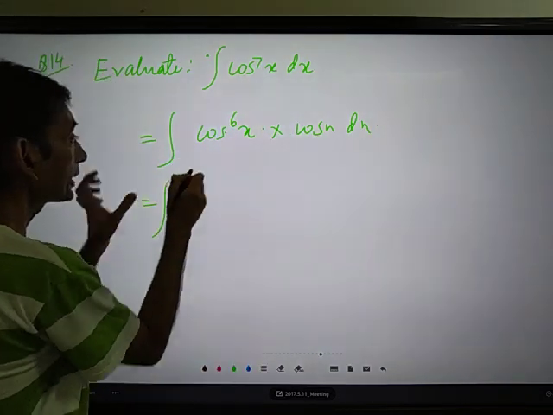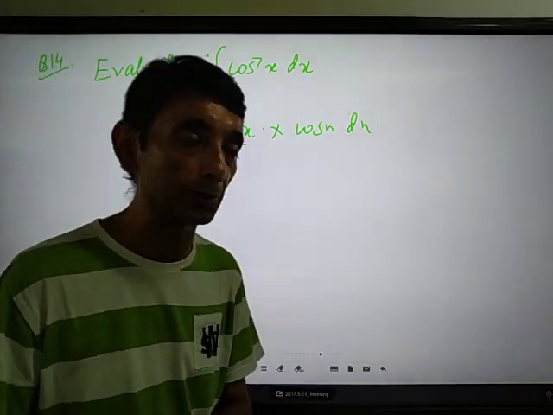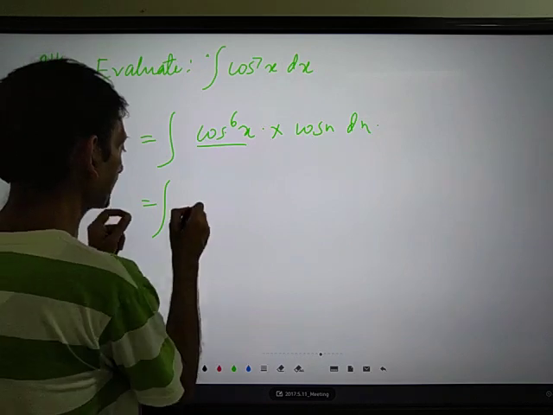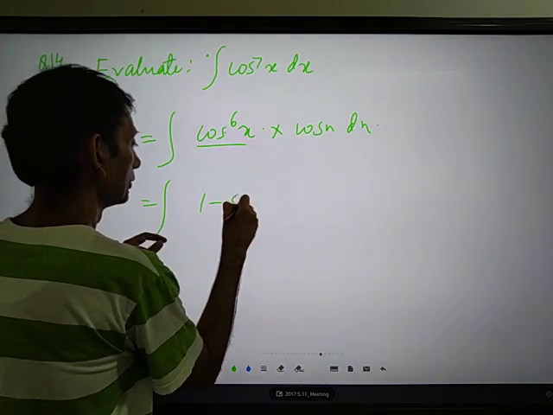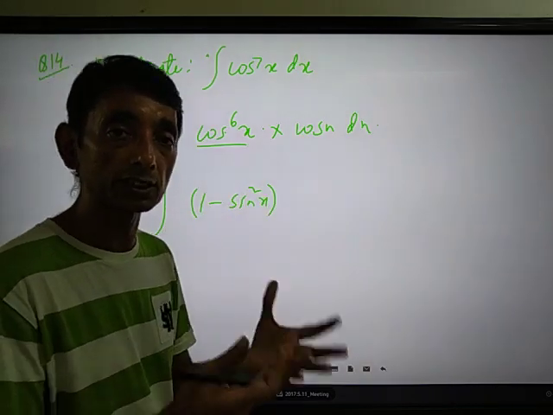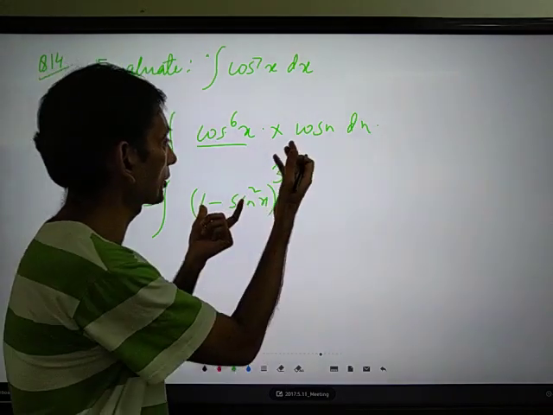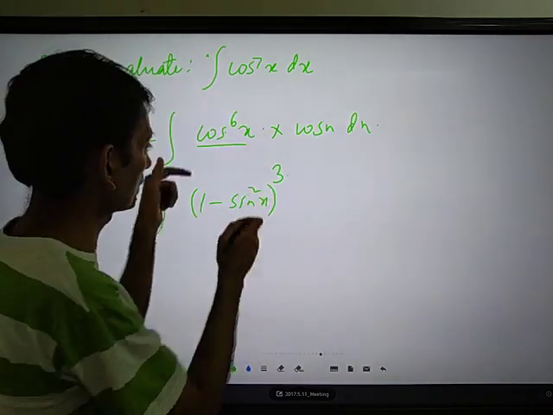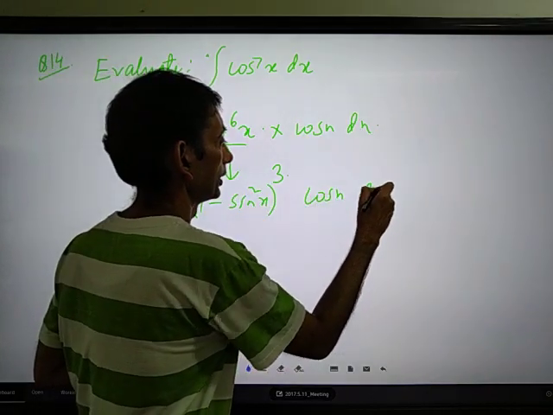Now if cos x is written in terms of sin x, you can go for the method of substitution. Cos to the power 6x can be written as 1 minus sin square x, all cubed, since 1 minus sin square x is cos square x, and then cos x dx.